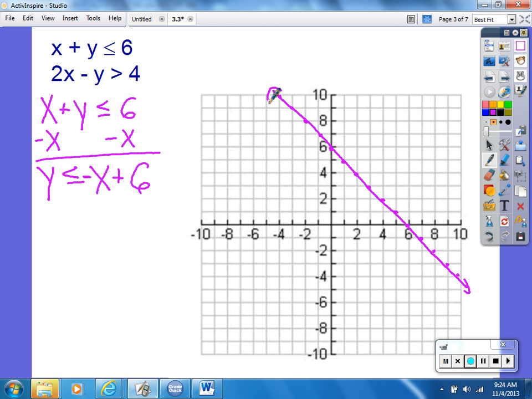Am I going to be shading up or down from this line? Down because of less than, right? So I find the y-axis and I put an arrow going straight down. And I actually do that to a couple points on that line. So I know, technically, I'd be shading all along here, right? But I'm only looking for where these two lines overlap. Now that we have that part done, go ahead and solve the other equation for y and graph that line.